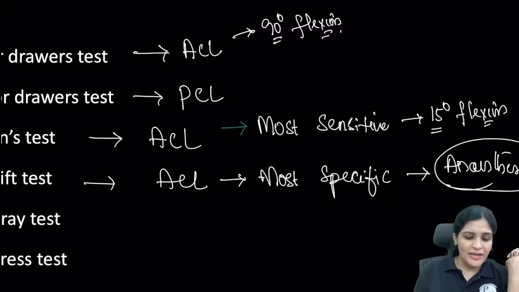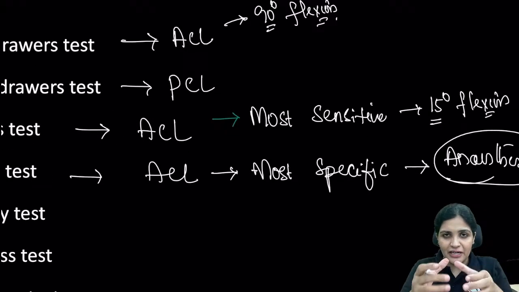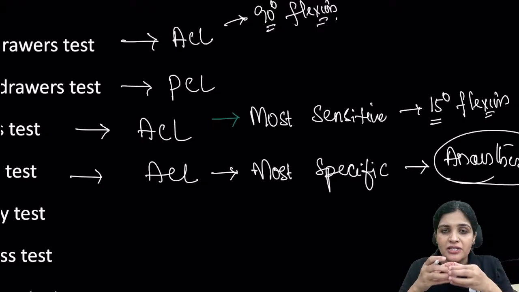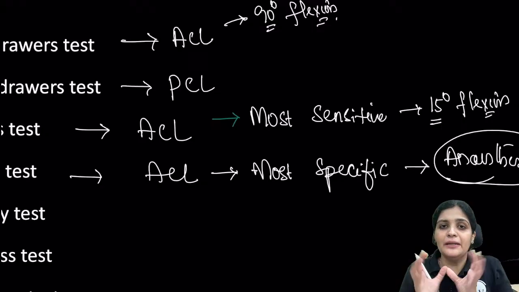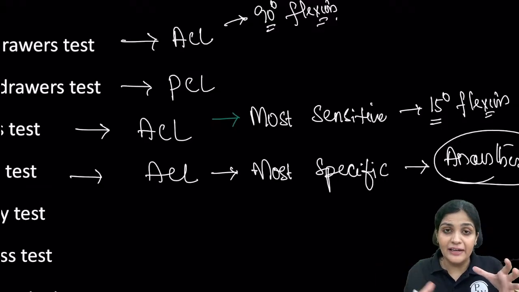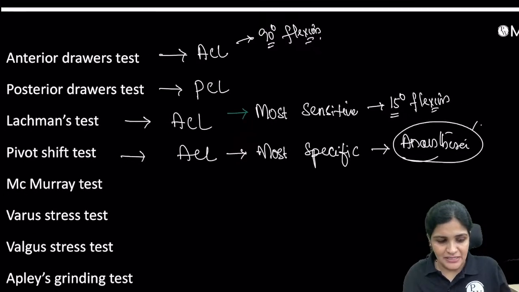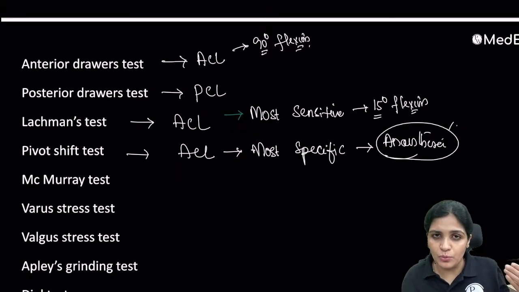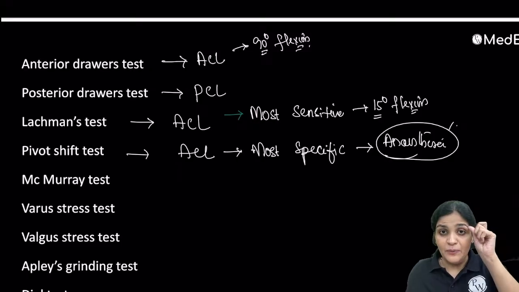So for anterior drawer, remember, 90 degrees of flexion, and you're trying to pull the tibia anteriorly. Posterior drawer, you're trying to push the tibia, right? Whenever the patient is in an acute condition, with a lot of pain, where he can't do 90 degrees of flexion, we go for 15 degrees of flexion. That is your Lachman's. And to confirm before going into arthroscopy, what we do is the pivot shift test.